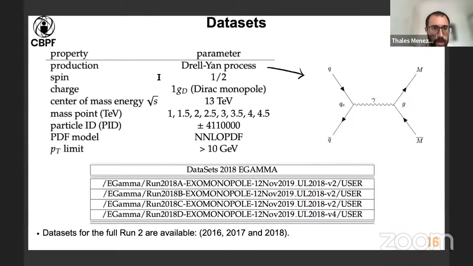For this work, the data sets that were used are pairs of magnetic monopoles produced by the Drell-Yan mechanism with spin 1/2 and charge of just one, let's say Dirac magnetic charge, for mass points starting at 1 all the way to 4.5 TeV of mass. And for this work, I just used the 2018 data sets, but we have available the data sets for 2016 and 17, concerning the Run 2 data taking.